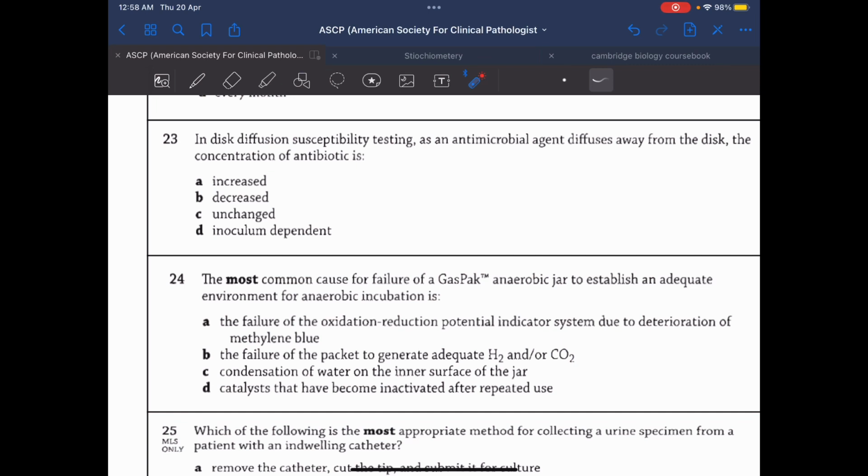Once the disk is placed on the inoculated plate and makes contact with the agar, the antibiotic in the disk begins to diffuse out. As it diffuses into the media, the concentration of antibiotic gets lower the farther it diffuses from the disk. So the correct answer is B.